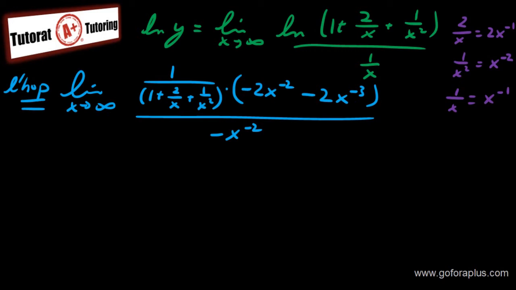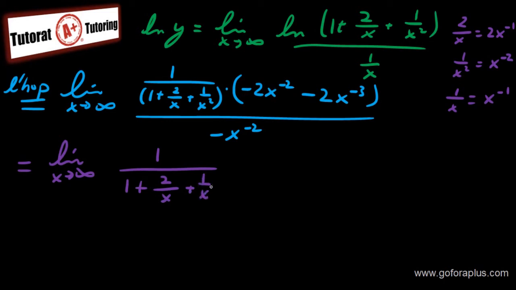Now you can simplify before plugging in again. How do you simplify this? So let's look at it like this. I'm not going to touch this fraction here, 1 plus 2 over x plus 1 over x squared. I want to factorize my minus 2x to the minus 2.